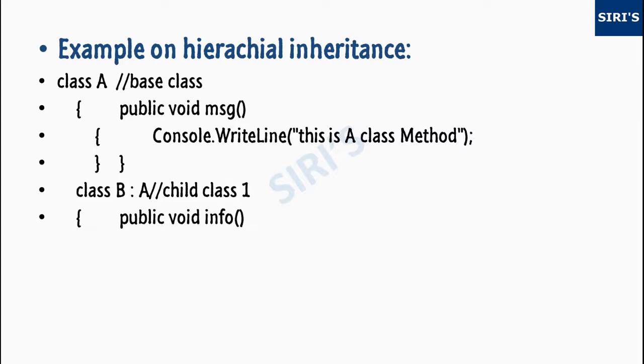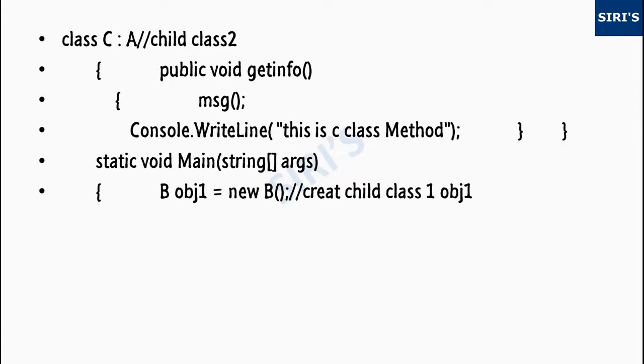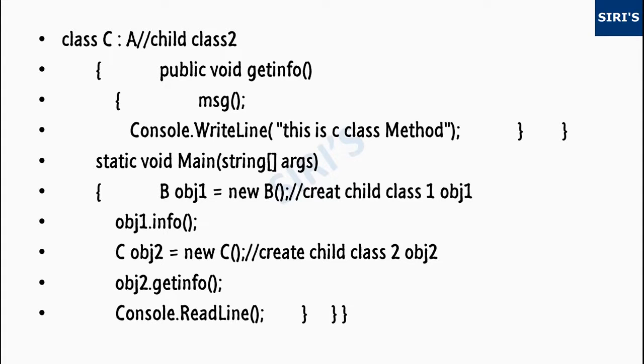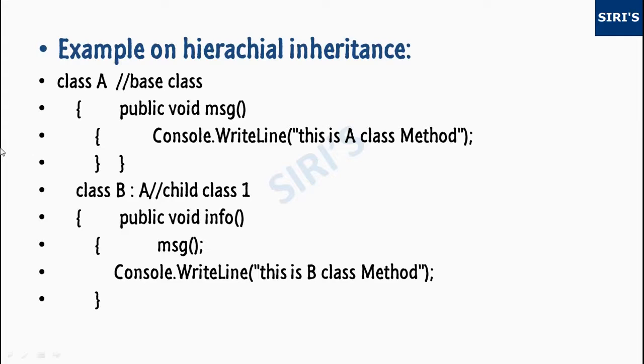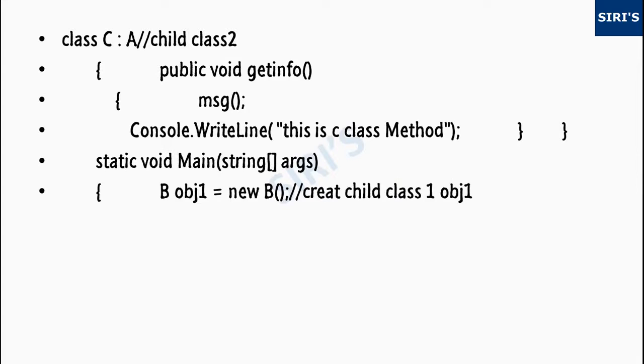Here is an example of hierarchical inheritance. If you see the above code here, class B is inherited from class A, right? In this also class C is inherited from class A, not from class B. That's how hierarchical inheritance works.